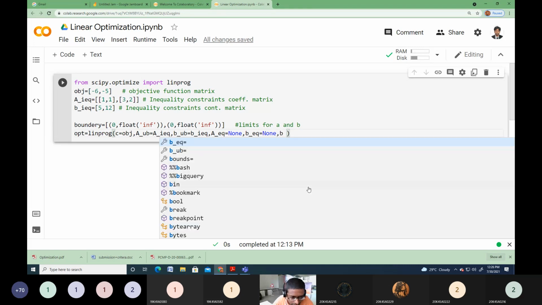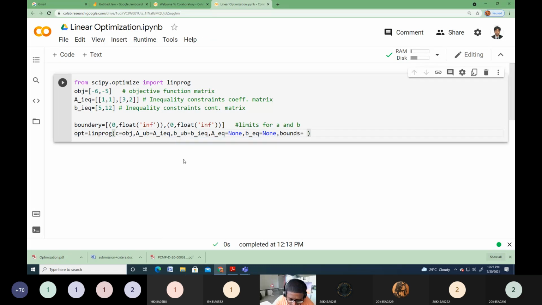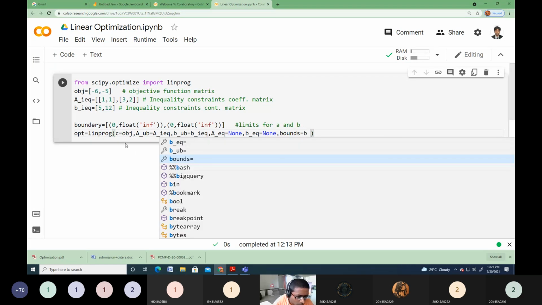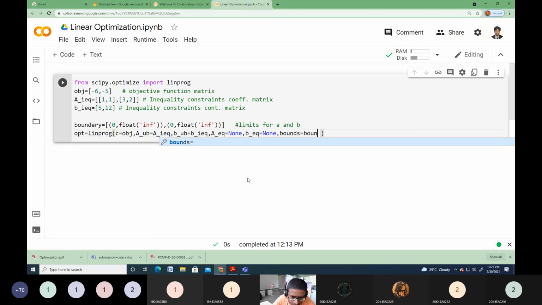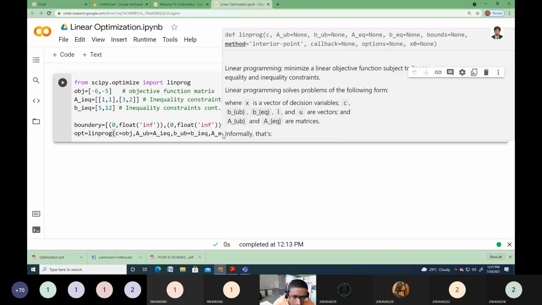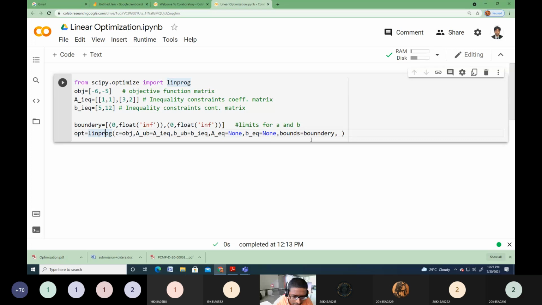The boundaries are held by the variable called bounds. So bounds equal to, here it is None actually, but we have the boundaries. So that's the boundaries. Okay, done.